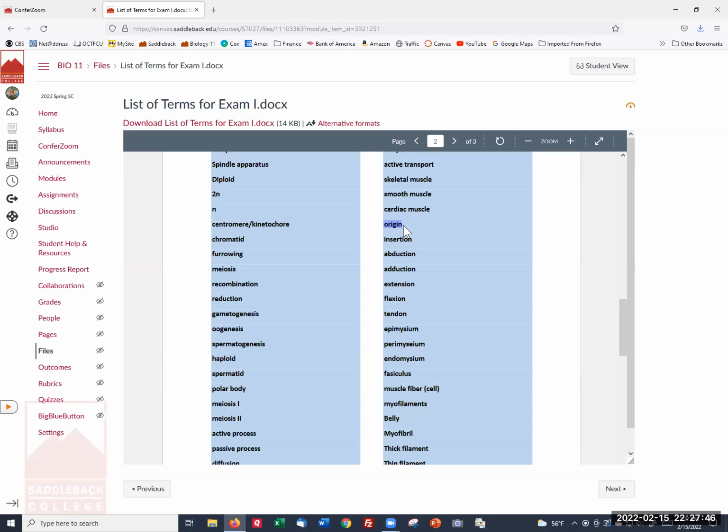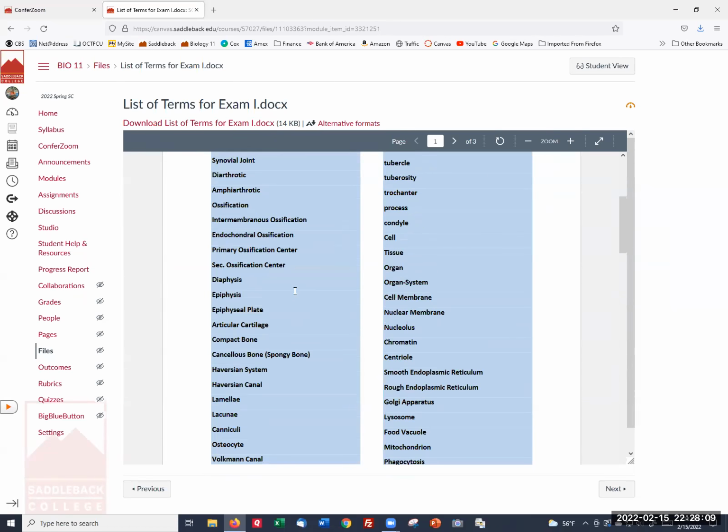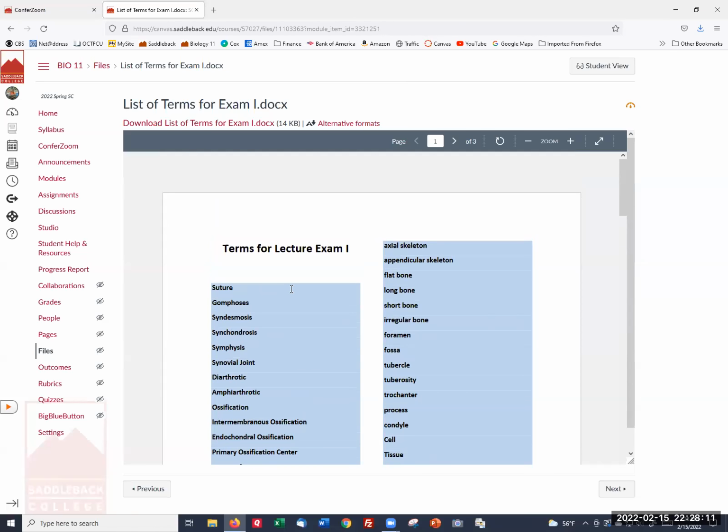Do you know in your mind what the origin means? If you do, go on to the next one, insertion. When you find some that you don't know, either write them down, print this page out, put checks by them, and be sure that you do know them by the time the test comes in a week. Because any and all of these terms can appear on that examination.